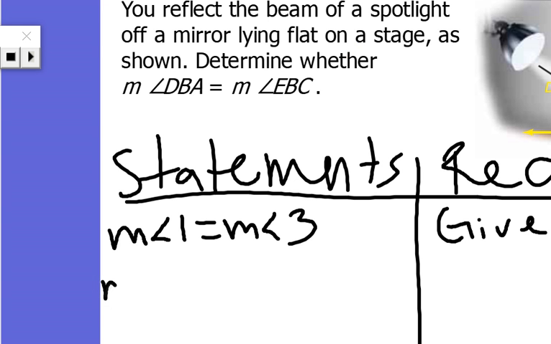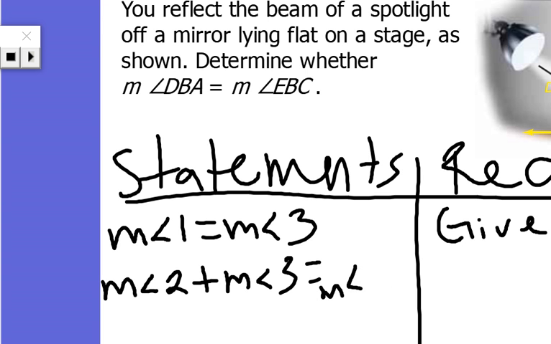Well, I know that the measure of angle 2 plus the measure of angle 3 is equal to the measure of angle DBA. All right? DBA is 3 plus 2 added together. So then you want to ask yourself, what allows me to make that claim? Well, I know that these two smaller angles equal the bigger one because of the angle addition postulate.